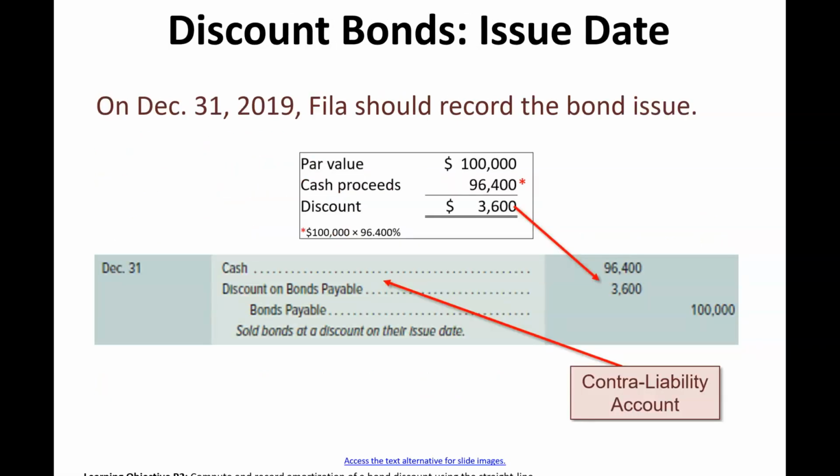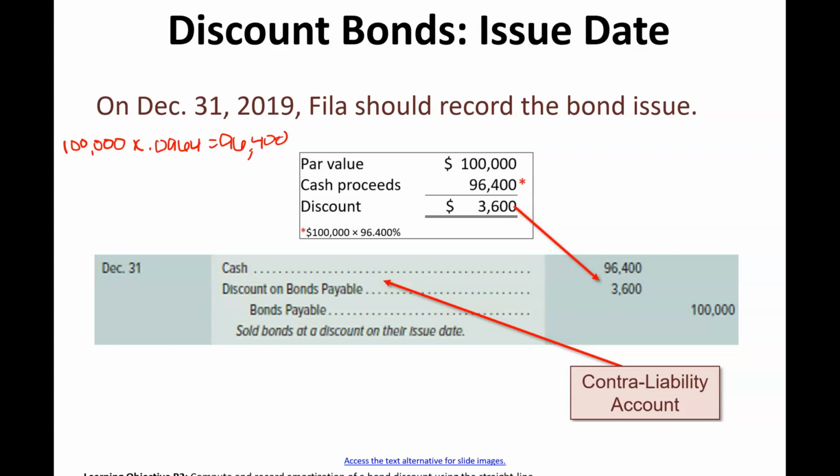So if you take $100,000 times 0.0964, you get 96,400. That is the amount that the bond is going to sell for. This is a $100,000 bond.